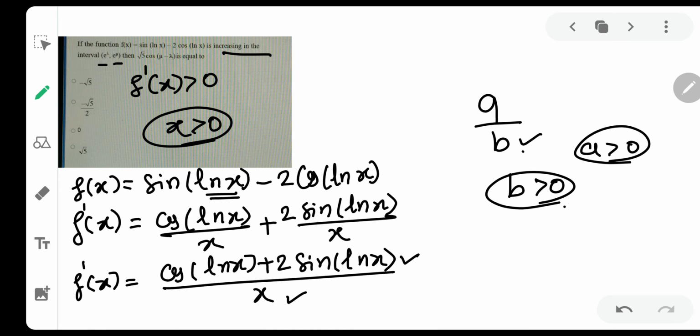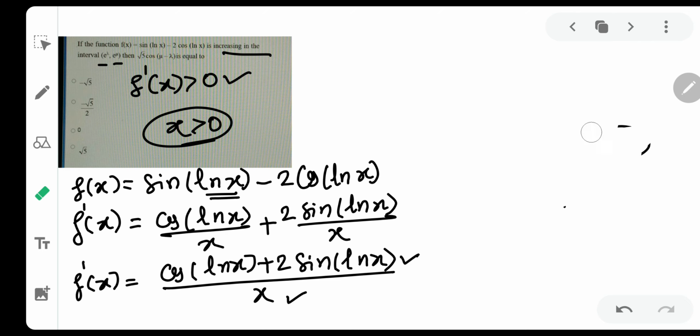You can check it like this: both should be of the same sign, then only the answer would be positive. Because the consideration for an increasing function is f'(x) greater than 0, the numerator has to be greater than 0. So the numerator, that is a, has to be greater than 0. So that would be cos(ln x) plus 2 sin(ln x) greater than 0.